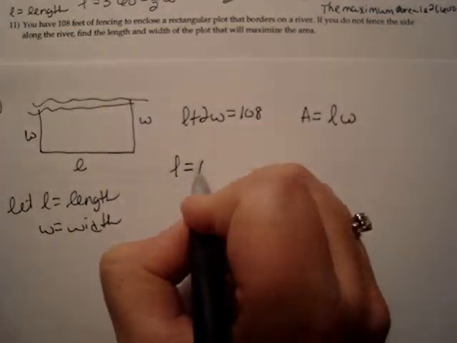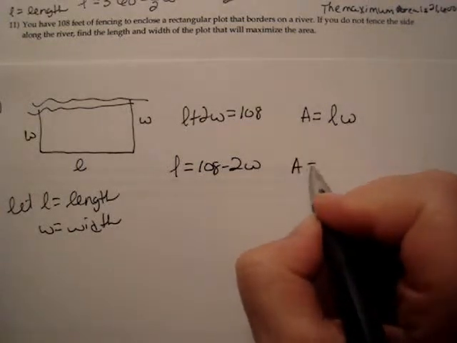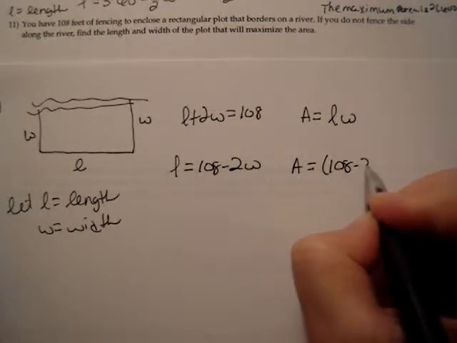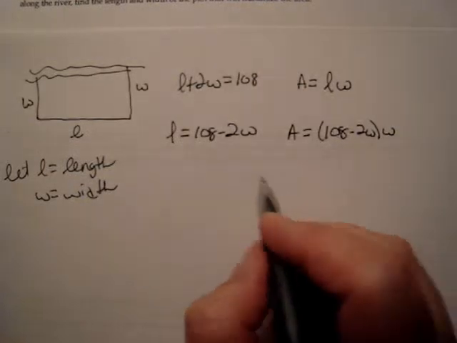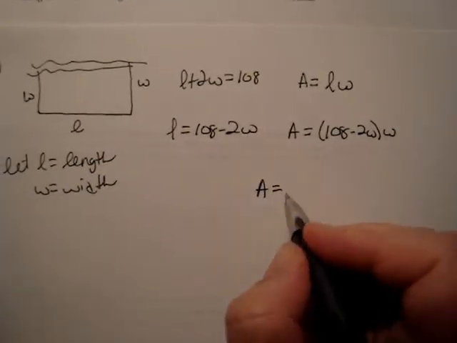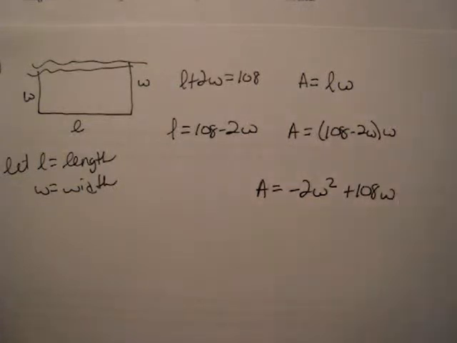I'm going to solve for length, get 108 minus 2W, and I substitute, and now I have that area is equal to 108 minus 2W times W. Now let's distribute and write it in the correct order. I should get negative 2W squared plus 108W.